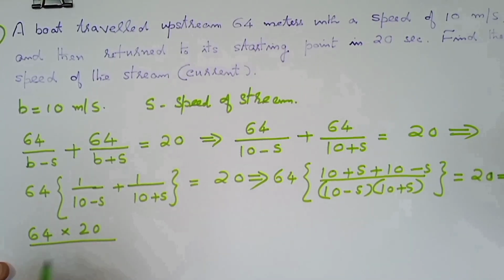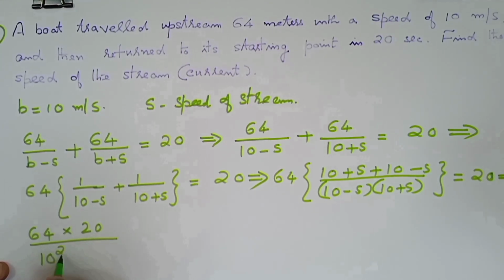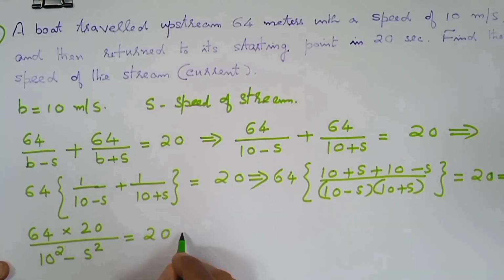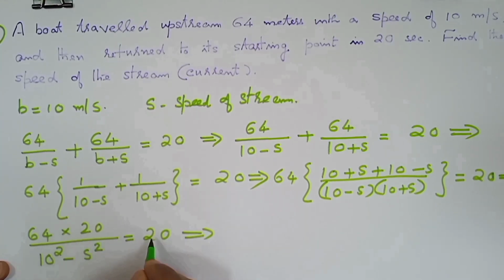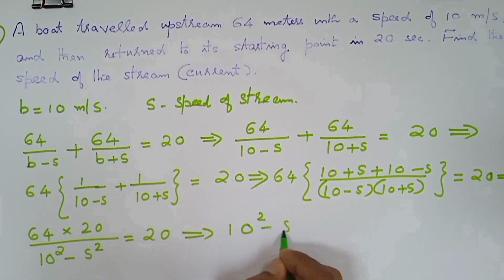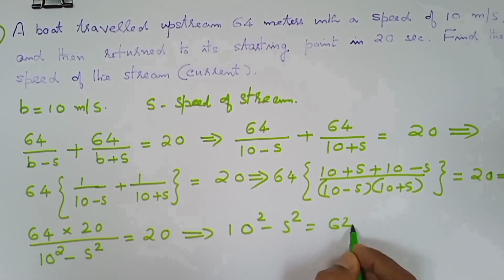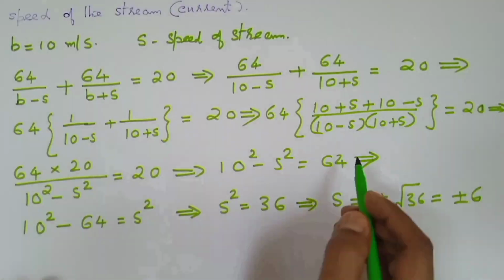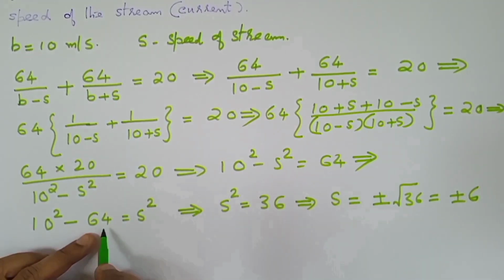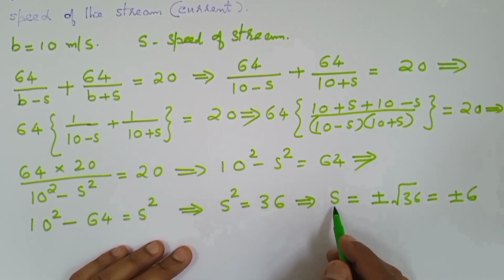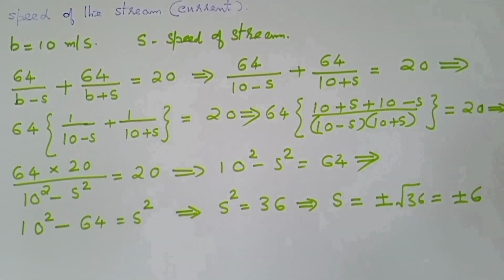This is (A plus B)(A minus B), so 10 squared minus S squared. Now this 20 is gone, you take this to the right side. Finally you will get 64. This implies 10 squared minus 64 equals S squared. On further simplification, you will get finally S is equal to plus or minus 6.